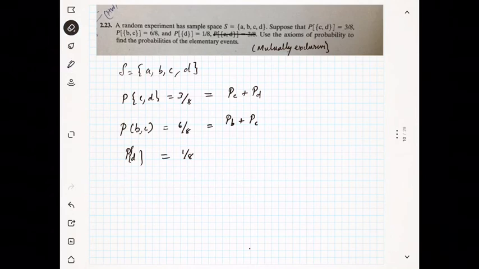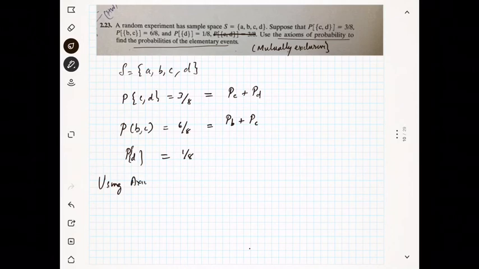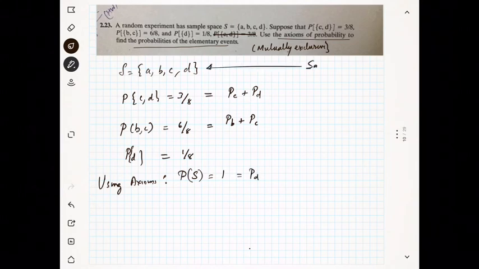So the question is, using the axioms of probability, find the elementary events. You know that the probability of the sample space will be 1. And it is nothing but the probability of A plus probability of B plus probability of C plus probability of D is equal to 1, right?